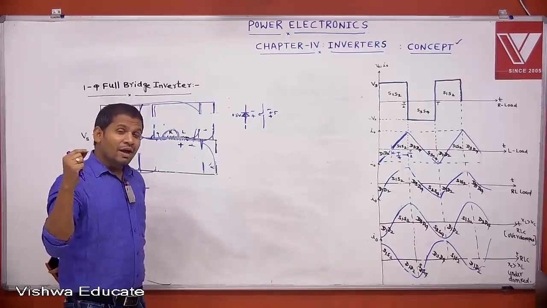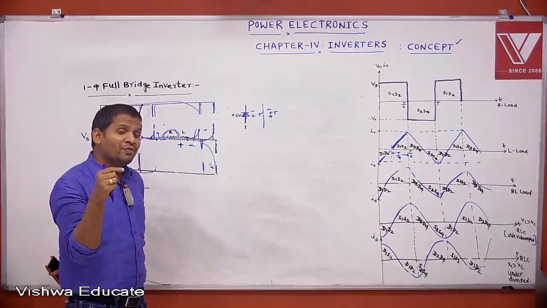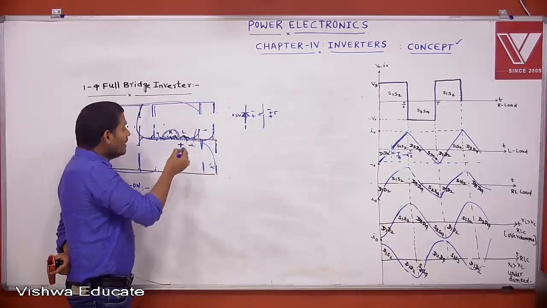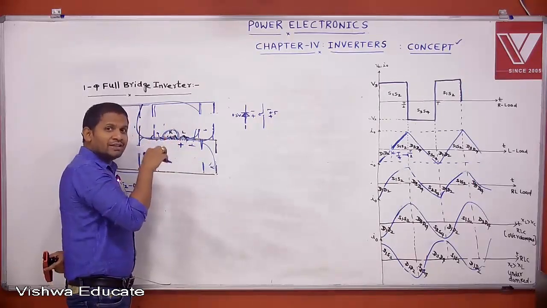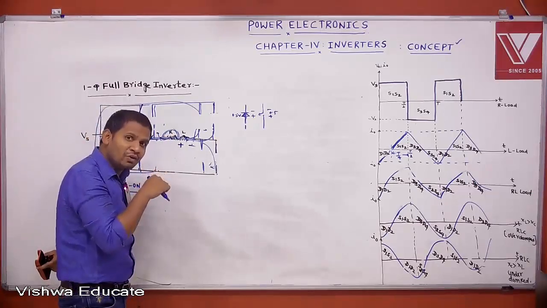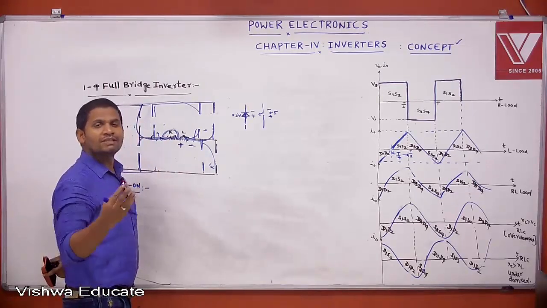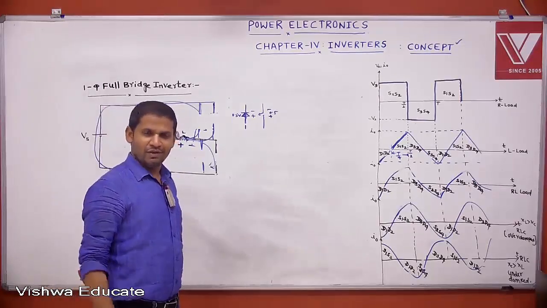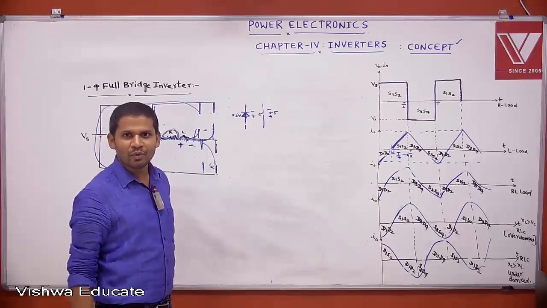But I told you that for an R load, there is no need of any feedback diodes. R load means there is no energy stored. Once there is no energy stored, is there any action of feedback diodes? No. That's the reason why for R load, feedback diodes cannot work. Even a freewheeling diode also cannot work for a purely resistive load.